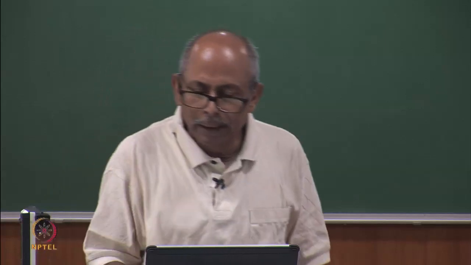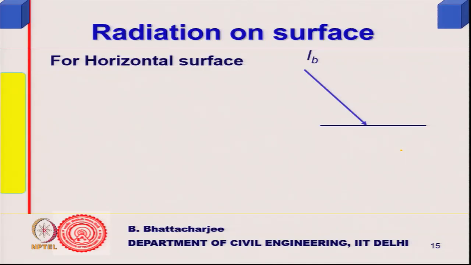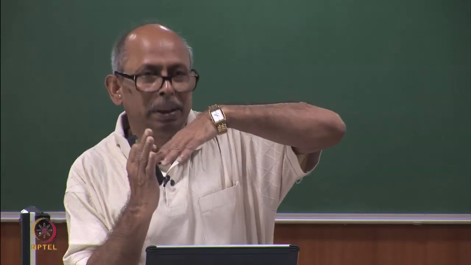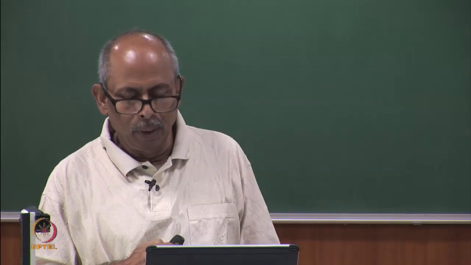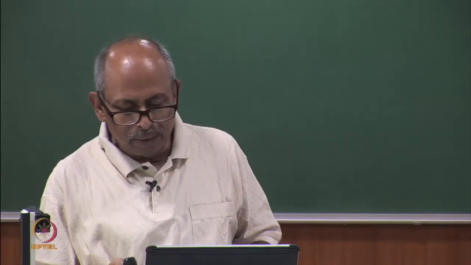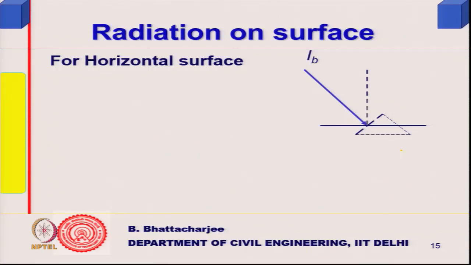So, IB is in watt per meter square, and that is the direct beam radiation normal to the direction of the beam itself, right. And if it is falling on a horizontal surface, as I told you earlier, beta is the altitude angle, and this is in fact the incident angle for a horizontal surface, which is the same as the zenith angle in this case.